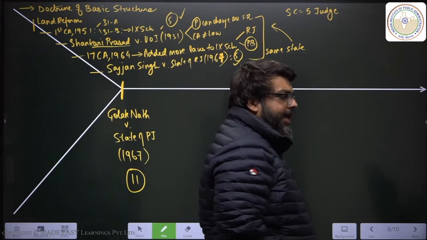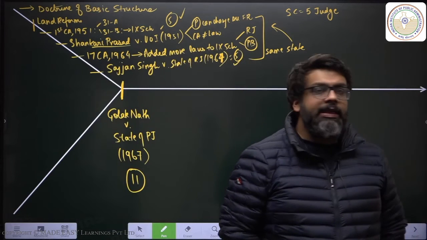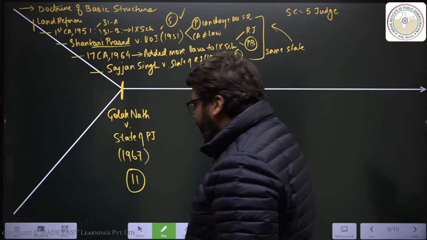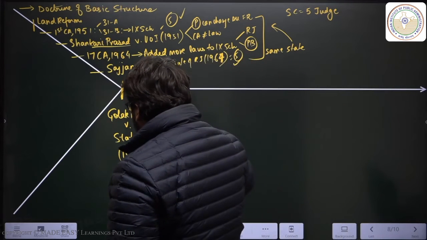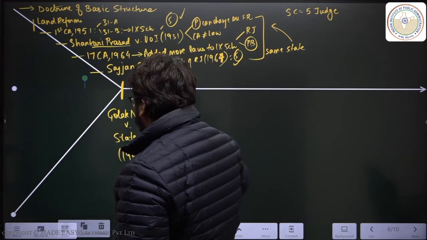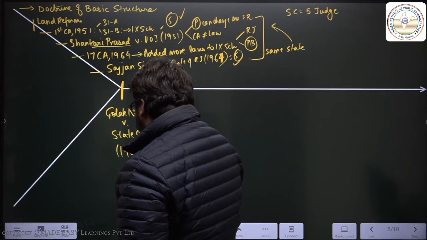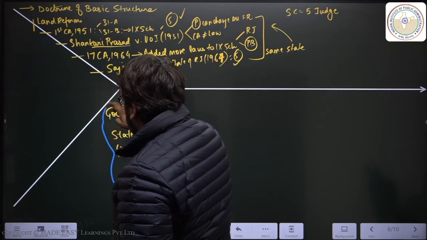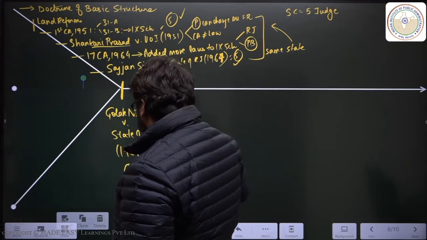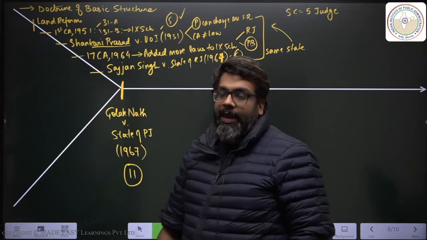So how do you suddenly say that a constitutional amendment is not law?" And the Supreme Court reversed all their previous decisions. The Supreme Court overruled Shankari Prasad, overruled Sajjan Singh, overruled all the previous issues that had happened.